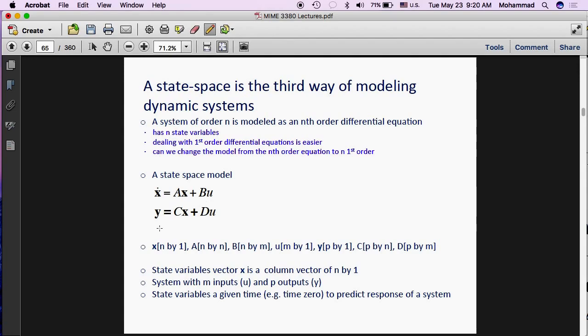Now the second part tells you what your output is. Y is a variable that is reserved for output. How is the output a function of the state variable?